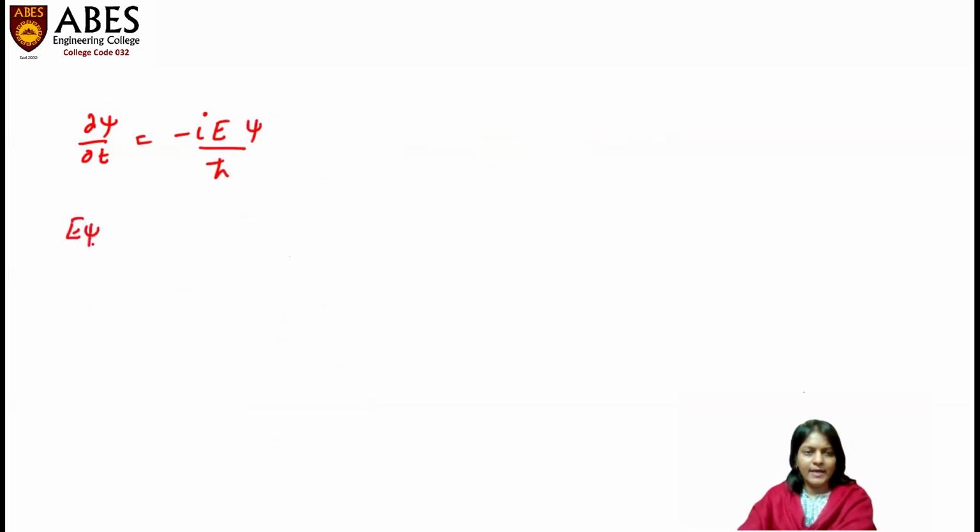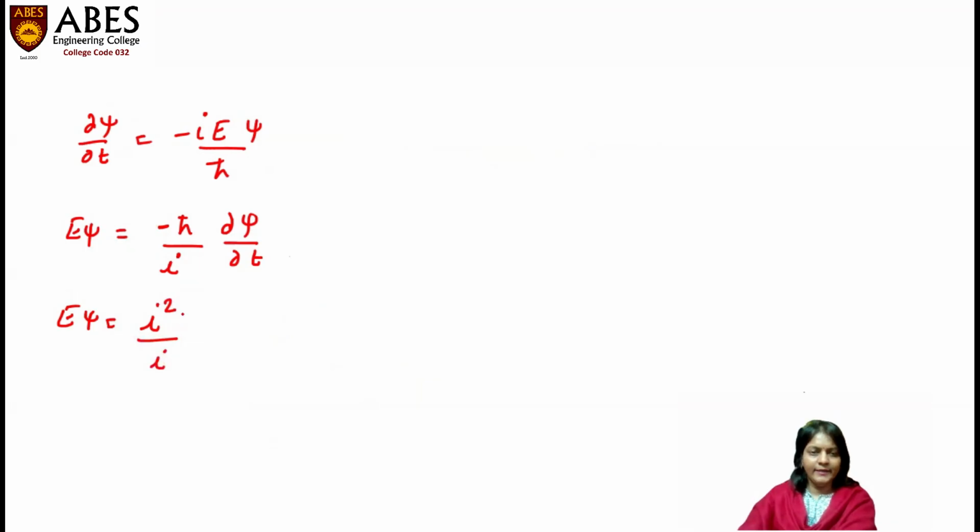So E psi becomes h cut upon i del psi by del t. And in place of this minus 1, I can place i square, this i, and this is the h cut del psi by del t.